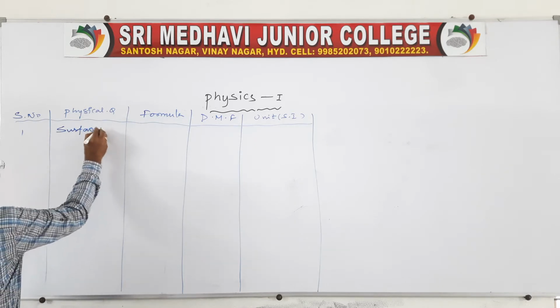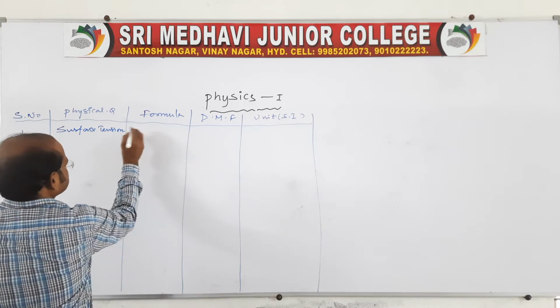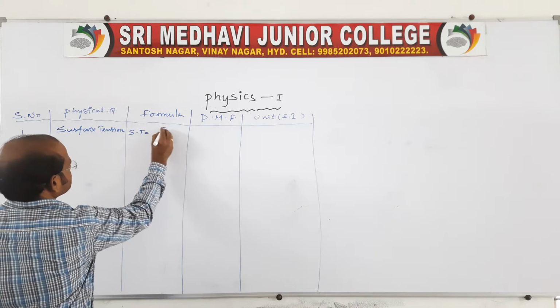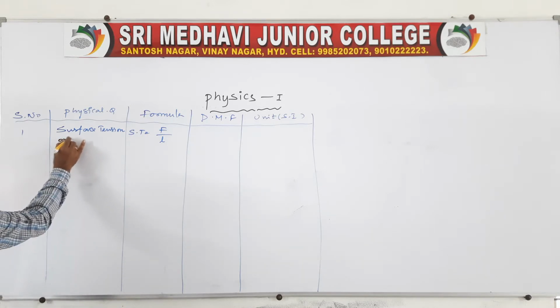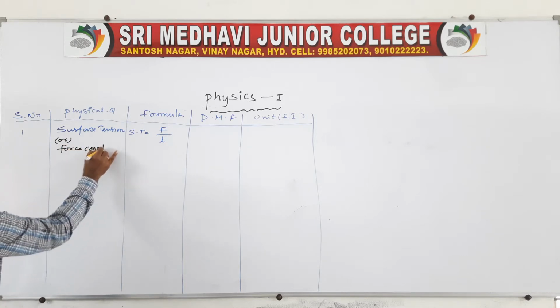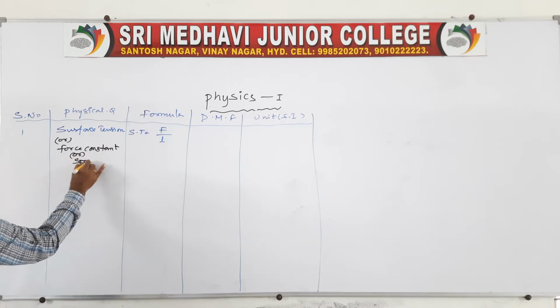Surface tension is nothing but force per unit length, that is ST is equal to force per unit length. And you remember another one also, the force constant, or we can also say spring constant.